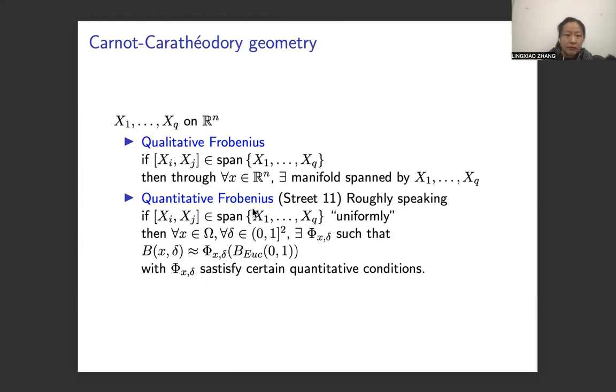So that's the qualitative Frobenius, and what I want to introduce to you is the quantitative Frobenius, which is by Street in 2011.